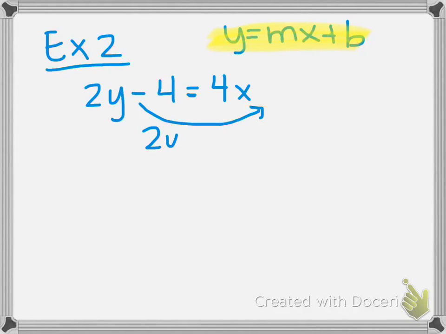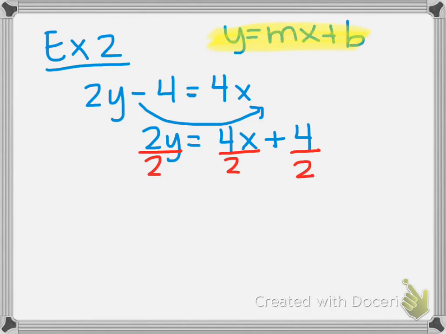So now it's 2y equals 4x plus 4. Okay, now it's getting closer to the y equals mx plus b, but there's a 2 in front of the y. We want the y to be by itself, so we're going to divide everything by 2.